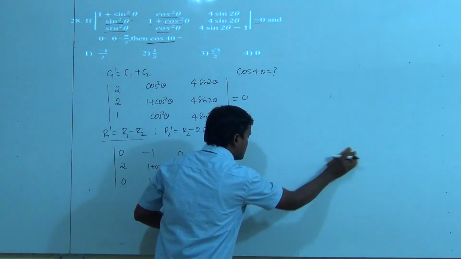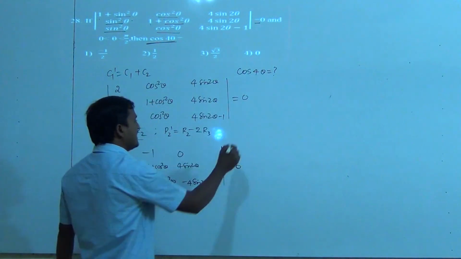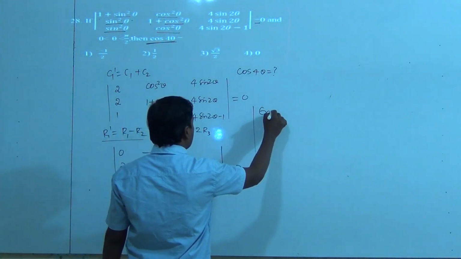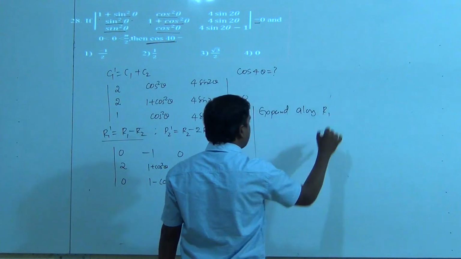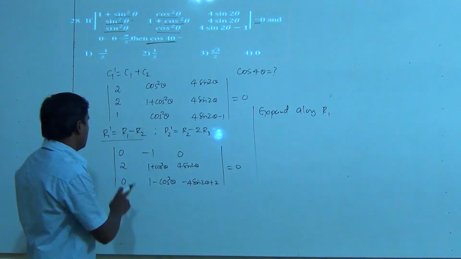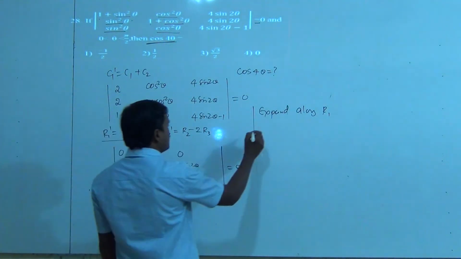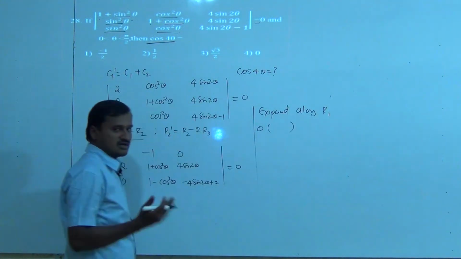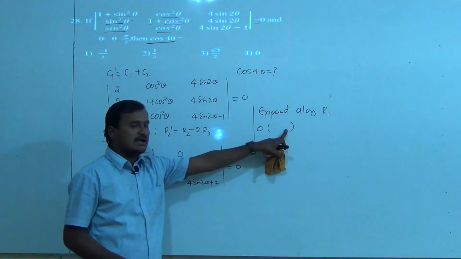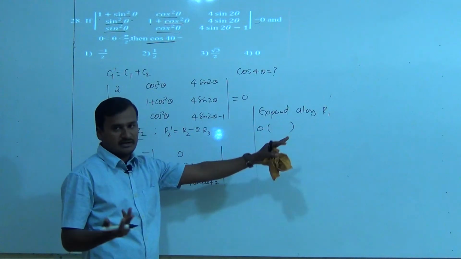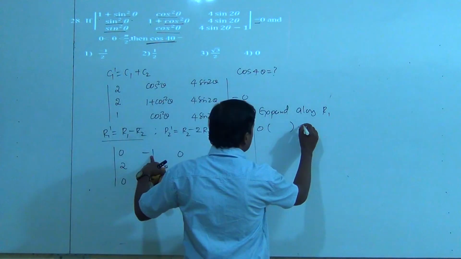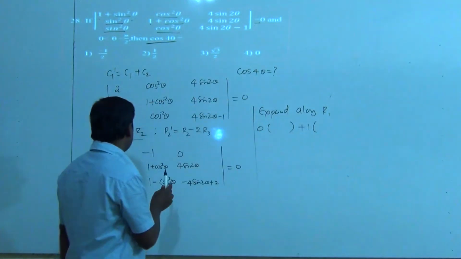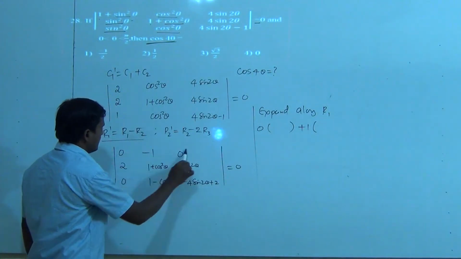Okay, next. So now I will expand this one along R1, right? So here it is plus is there, so 0 into this term becomes what? 0. I am not going to write all these because 0 into any number becomes 0. Plus here it is minus is there, minus into minus becomes plus. Now you should leave the first row and third column.